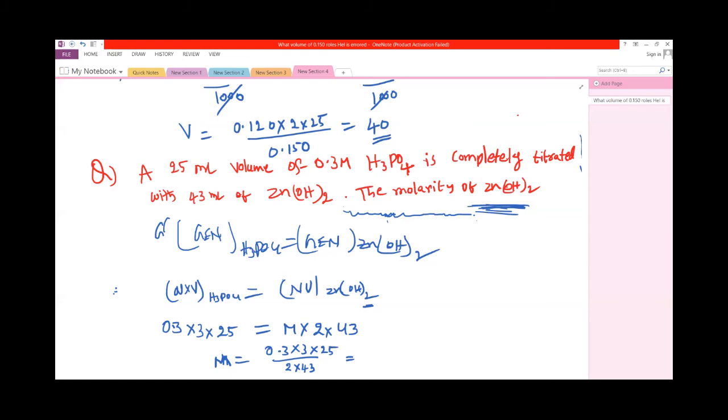We take a conical flask and keep a burette. Suppose this is the acid and this is the base. Then we keep an indicator to find out when the reaction is completed. This process we call titration.